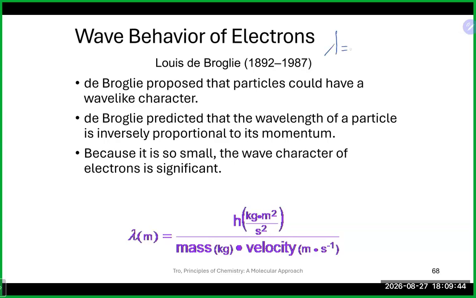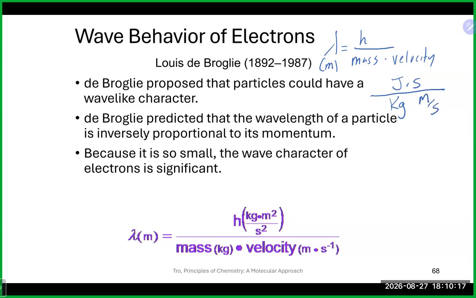And the wavelength here in meters is equal to h divided by the mass times its velocity. Now, when we use this, we do want to be careful of some of the units here. If we look at units, h is joules times seconds. Down on the bottom, we want the mass in kilograms, and the velocity is in meters per second.